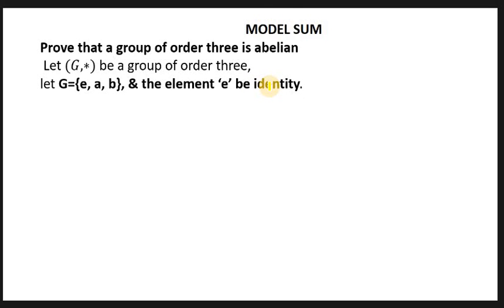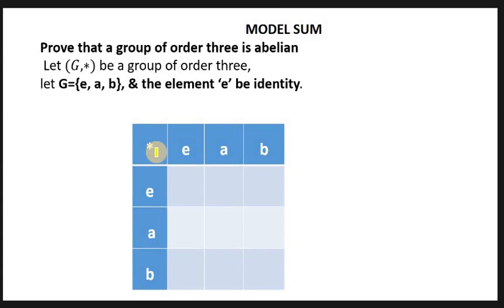Since G is a group, an identity element should be present in it. So among these 3 elements, let E be the identity. Now, in order to prove that it is an abelian group, let us construct the composition table with respect to star.